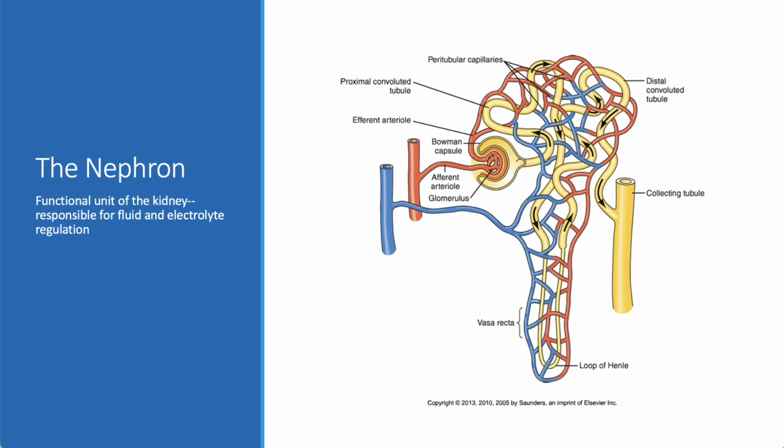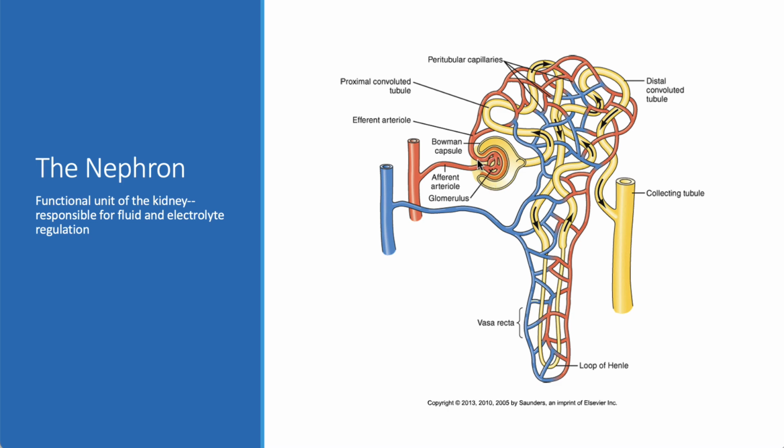Now, let me just refresh your memory about the nephron. It's kind of a complicated mess, but it starts with the afferent arteriole that takes arterial blood to the glomerulus, which is part of the nephron. In the glomerulus, the arteriole sends fluid into Bowman's capsule, right?